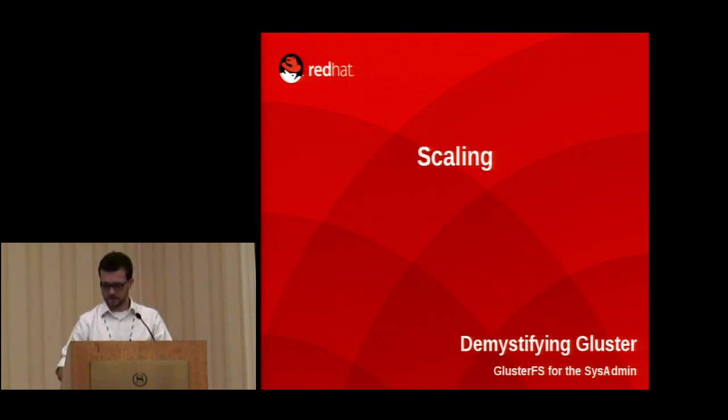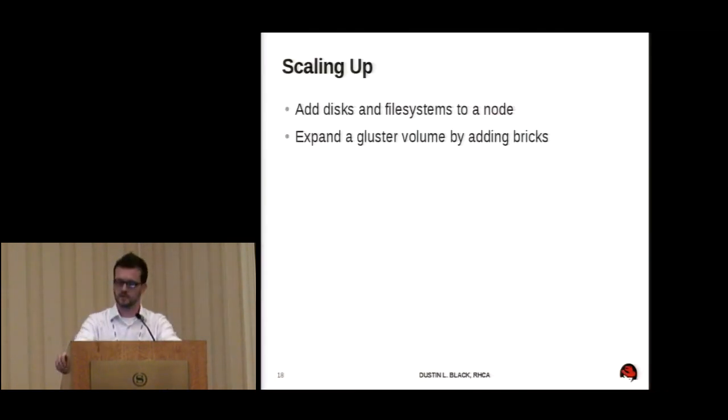So scaling the system. This is the most important thing of Gluster, really, is its ability to scale. It's also so simple that I have two slides here just to give you the basic concept of what's going on. So our linear scaling up is looking at a single node, adding disks to a node.